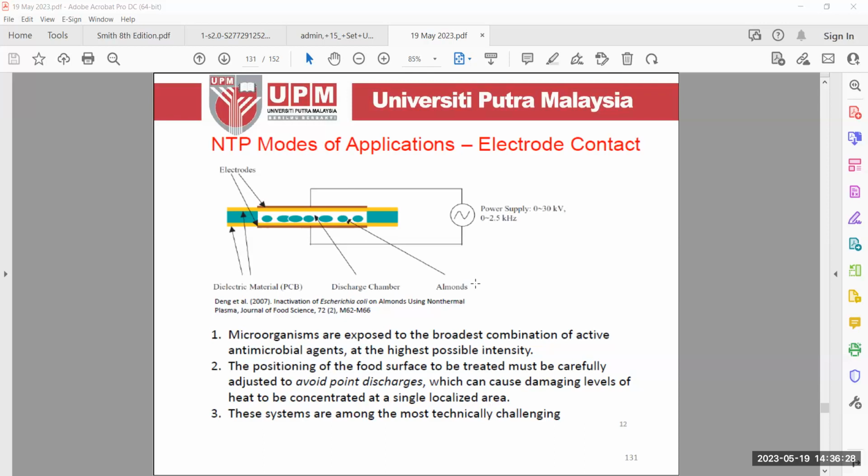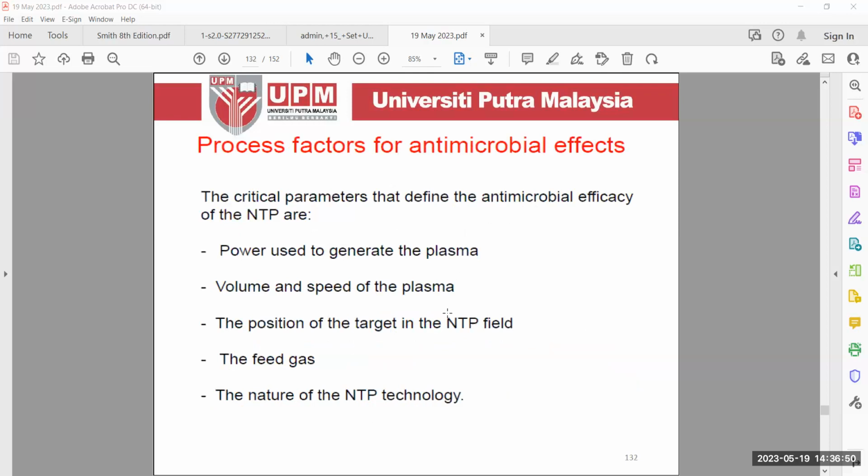Okay, the disadvantage of cold plasma is that it can induce what we call cold and also hot spots. So there are areas that were not treated with cold plasma, but there are areas that have been treated with too much cold plasma, which is also not good. And it can burn, akan hanguskan your food product. So the process factors for antimicrobial effect are the power used, the volume and speed of the plasma, the position of the target in the non-thermal plasma, and the feed gas.